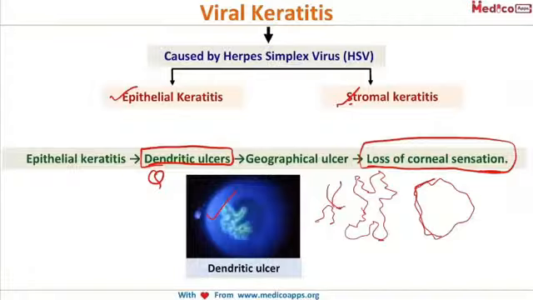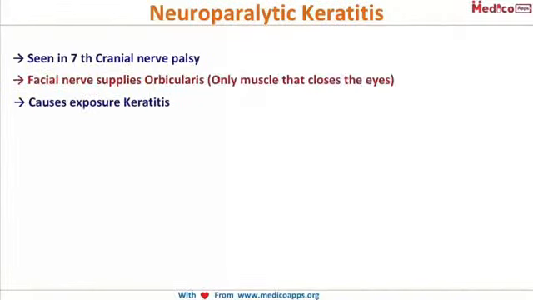There are two types of keratitis that I would like to share with you now. The first one is the neuroparalytic keratitis. As the name suggests, it occurs due to the palsy of the seventh nerve. Try to remember here, seventh nerve is neuroparalytic. It is a kind of exposure keratitis.